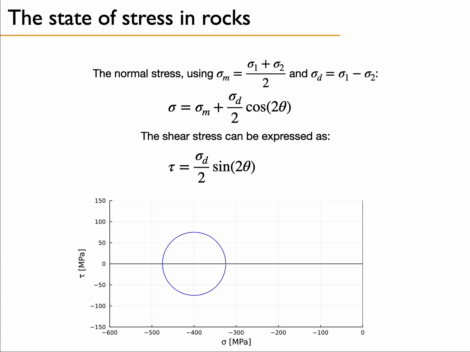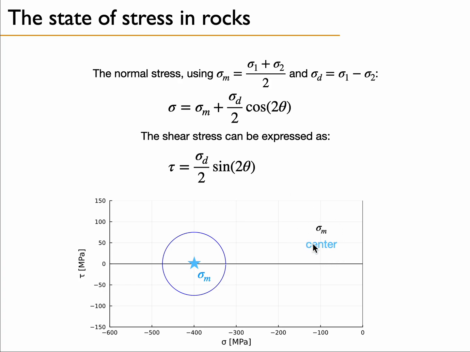So let's have a look at how this looks. You have the normal stress axis. You see that the normal stress is negative, so the stress is negative under compression here. And you have the shear stress on that axis. And of course, this is the parametric equation of a circle, so a stress state will be represented by the blue circle here.